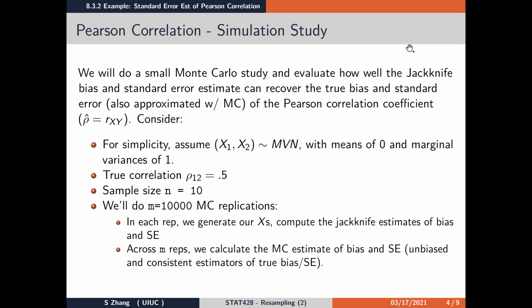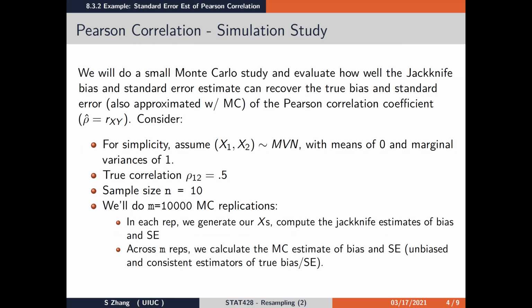For this example, we will conduct a mini Monte Carlo study, or a mini simulation study. We're going to use this small Monte Carlo study to evaluate how well the jackknife bias and standard error estimates can recover the true bias and standard error of the correlation estimator, the Pearson correlation coefficient.